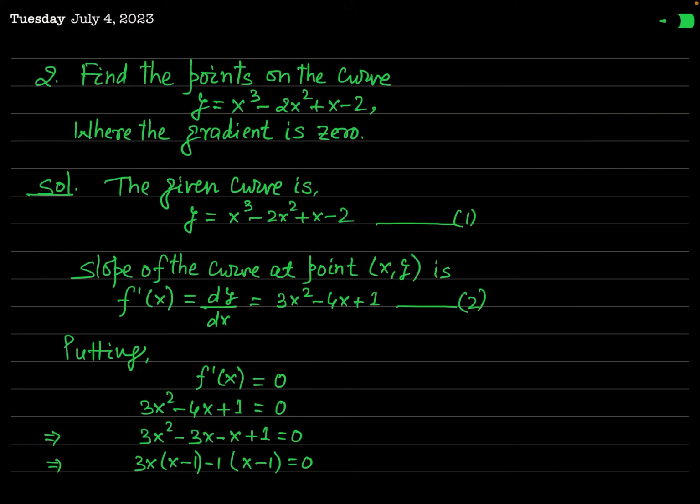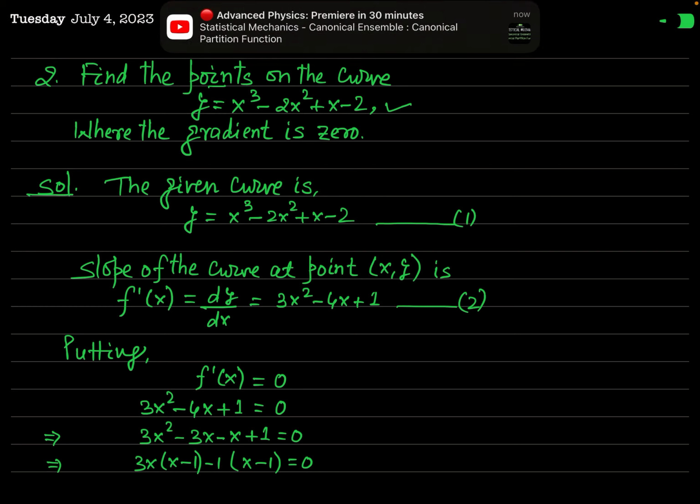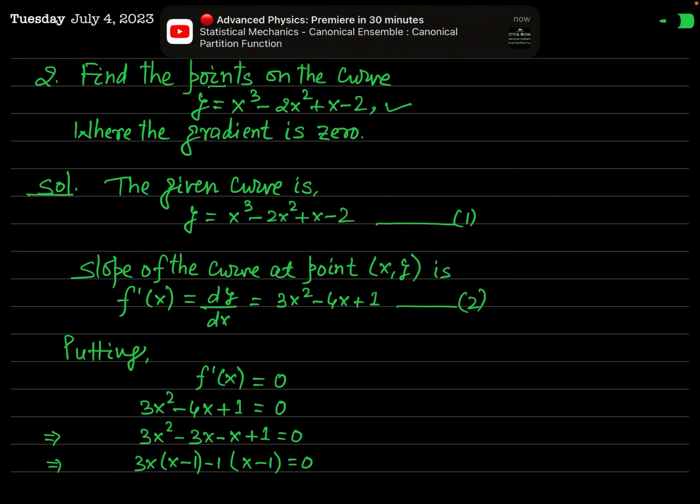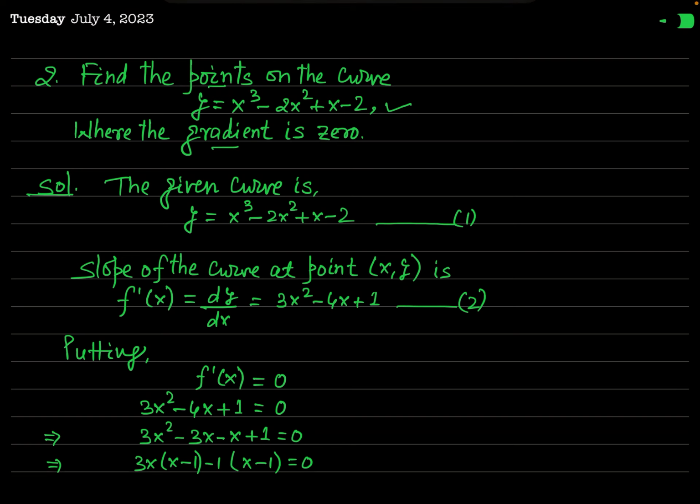Now let us take another problem. This problem says: find the points on the curve whose equation is y equal to x cube minus 2x square plus x minus 2, where the gradient is 0.